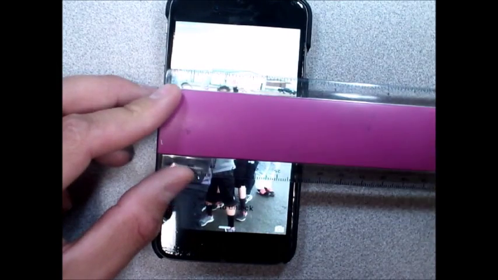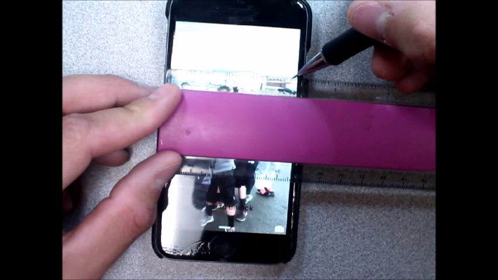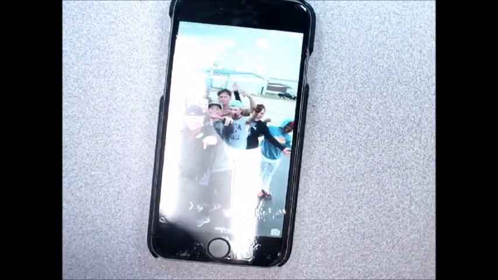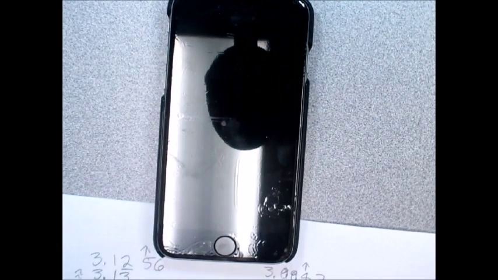Now widthwise, let's see what that gives me. Hard to see. 2 and a quarter, 1, 2, 3, 4, 5. 5/16. 2 5/16. So 4 1/16 tall, lit up.